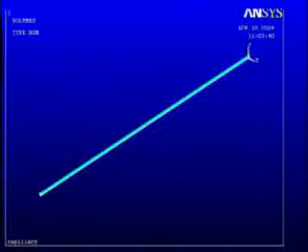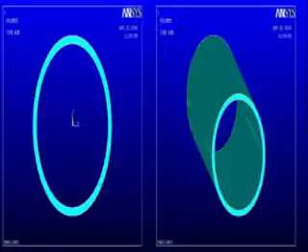So a blood capillary, if we think about it from an engineering point of view, we can represent by a very long hollow cylinder.